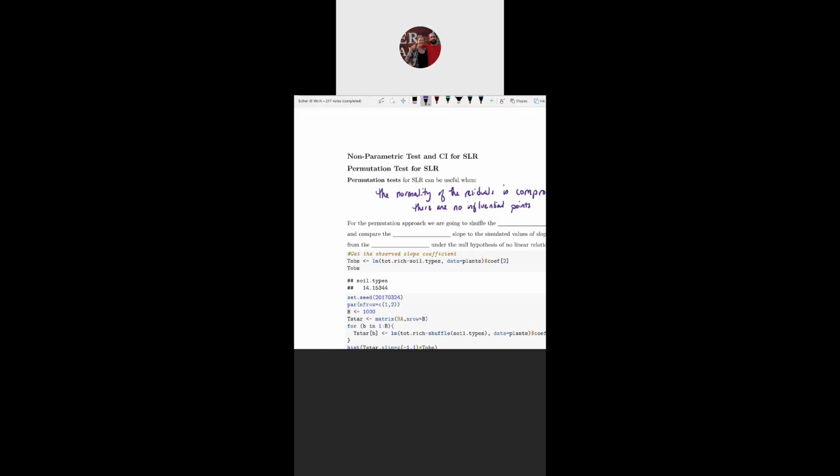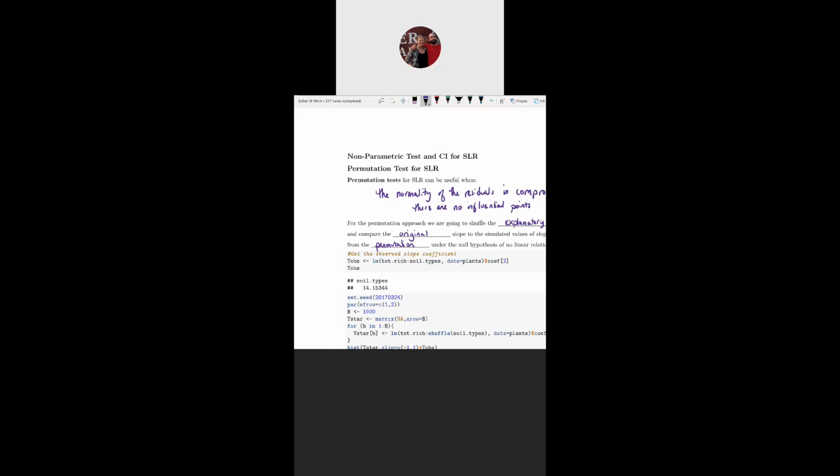All right, so to do this permutation test, we've done this before, so this is nothing really new. What we're going to do is shuffle the explanatory variable, and then compare the original slope, or the observed slope from our original data, to our simulated slope from the permutations. Now, how this really works, if you think about your data set as being made up of a whole bunch of ordered pairs, where each pair has an X value and a Y value.